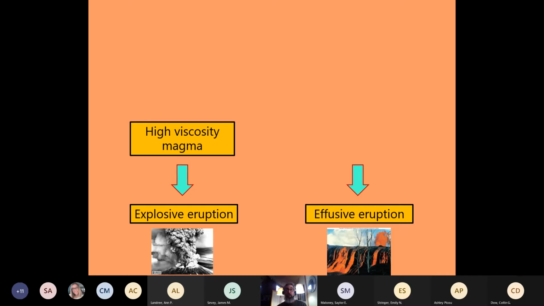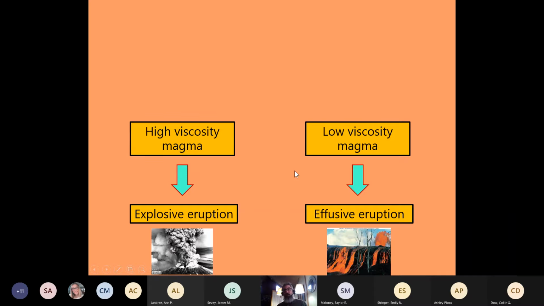So the pressure buildup, because of the stiffness and thickness of the lava, leads to explosive eruptions. Gases easily escape runny lavas. They escape before there's been a chance for high pressures to build up. So they simply tend to erupt in effusive manners. And there are other things that affect it, but we're mainly looking at viscosity right now.